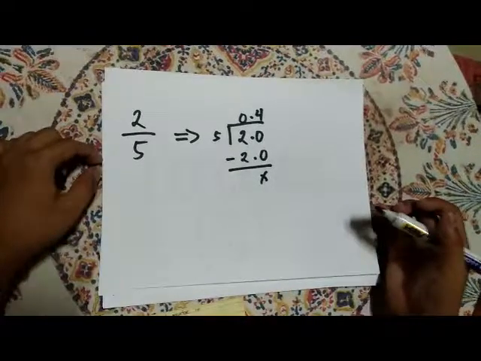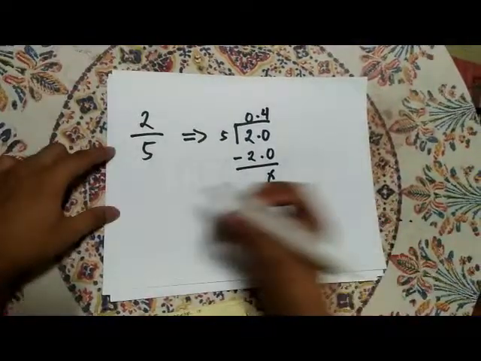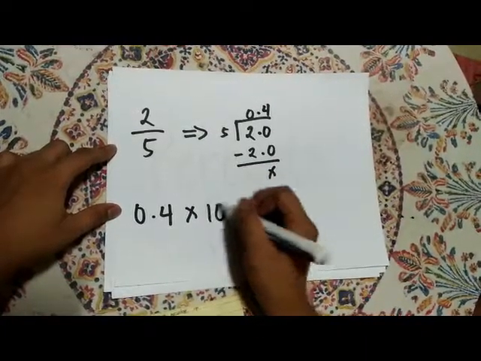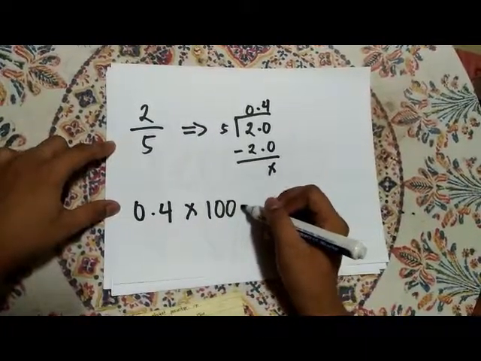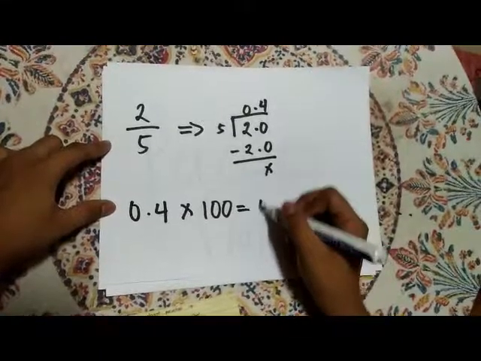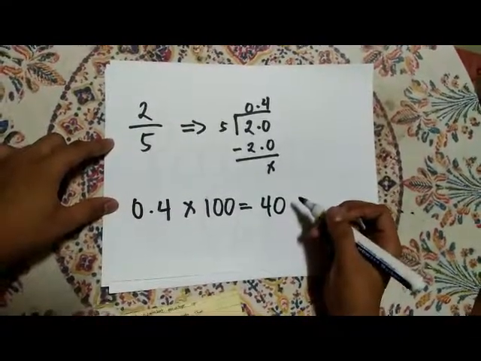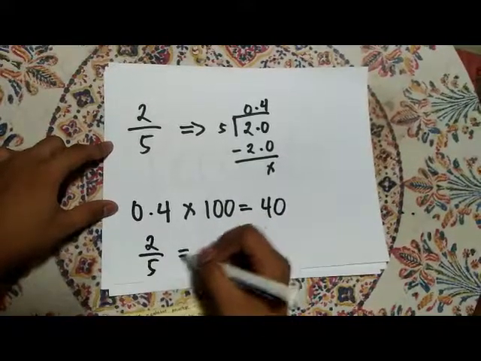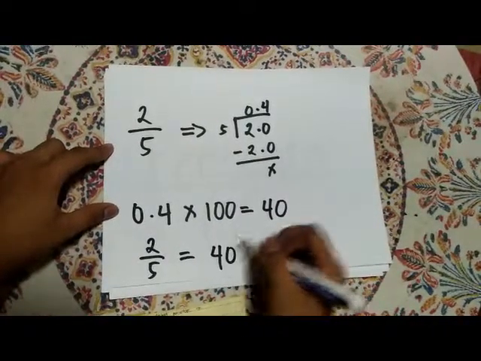Then, multiply the quotient by 100. 0.4 times 100 is equal to 40. Then, 2/5 is equal to 40%.